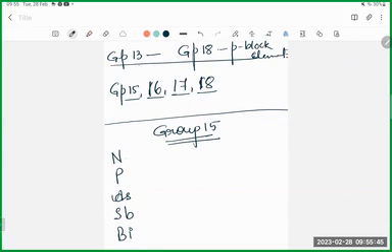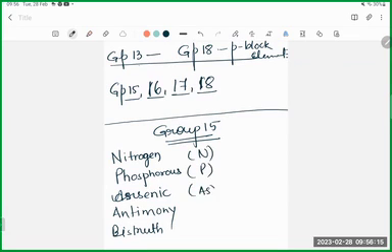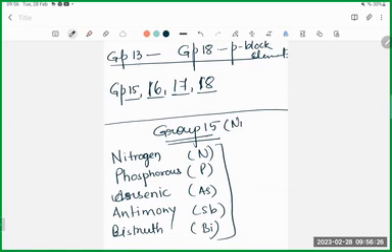The symbols are N, P, As, Sb, and Bi. These elements we call the nitrogen family.